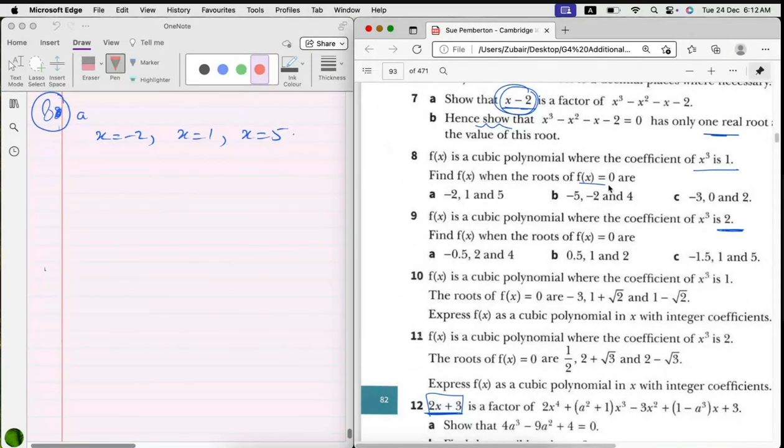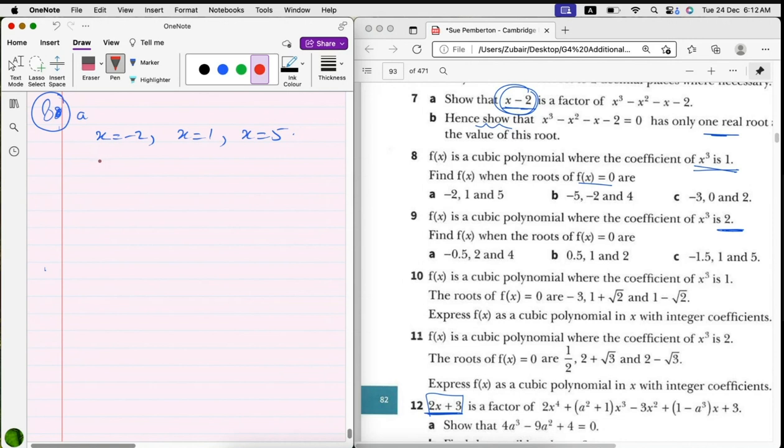F of x is equal to 0 for these. That means these are the roots, and the coefficient of x cube is 1. So the reverse would be x plus 2 into x minus 1 into x minus 5 equals 0. So do we just expand?